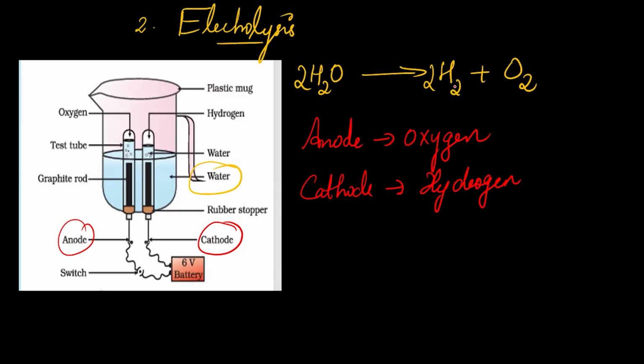Next, you have to see the ratio of hydrogen and oxygen. We can see the hydrogen and oxygen ratio is 2:1. That is also very important. Last year, the question was the ratio of the volume, hydrogen to oxygen.